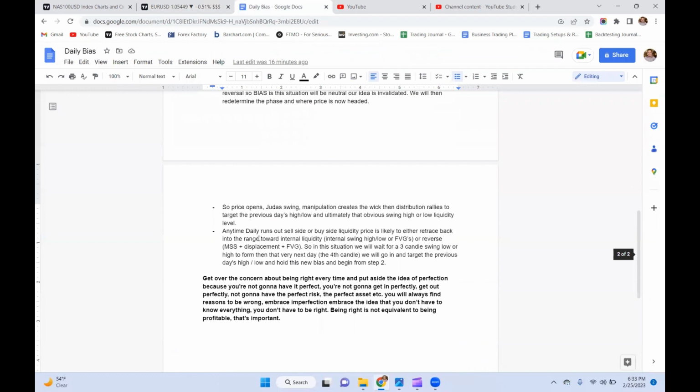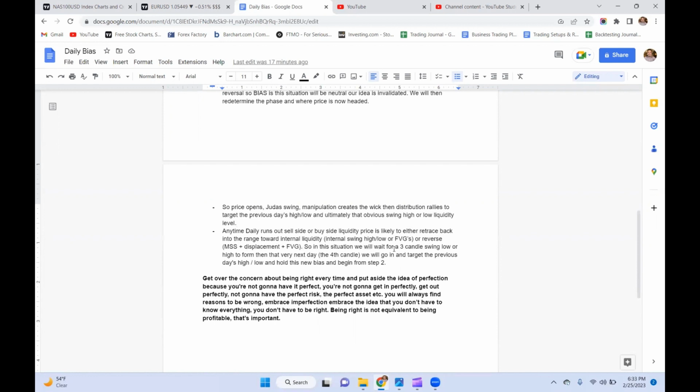Now, anytime daily runs out sell side liquidity, price is likely to either retrace back into the range toward internal liquidity, which is like an internal swing high or low, or fair value gaps, or it's likely to reverse, which is going to be a market structure shift with a little bit of displacement, or maybe an order block, or with the fair value gap.